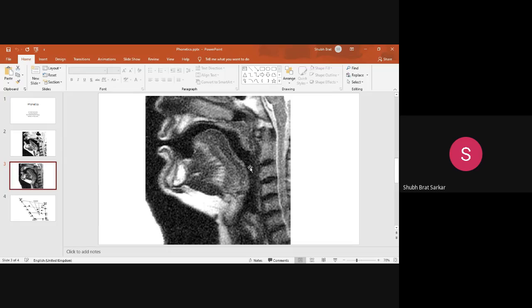Vowels are further classified according to the place of articulation. By place of articulation, I refer to the involvement of the active articulator as well as the passive articulator. So in this diagram, you can see that the tongue, acting as the active articulator in case of vowels, has three component parts.